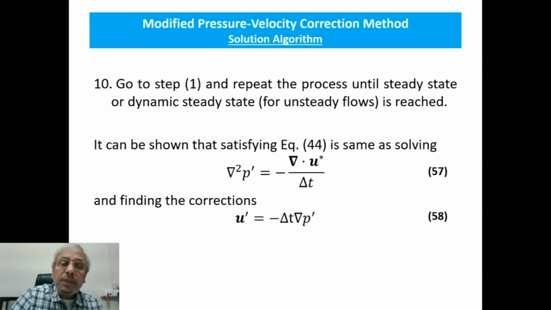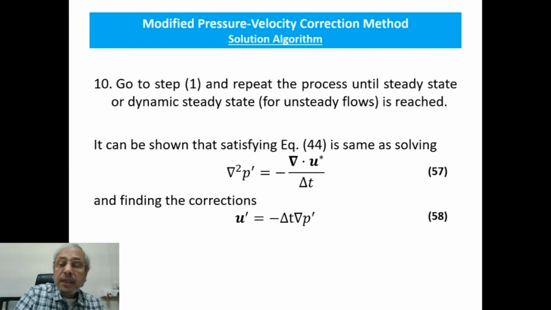It can be shown that satisfying equation 44 is basically equivalent to solving grad square p prime equal to minus the divergence of u star, that is the provisionally calculated velocities, by delta t.